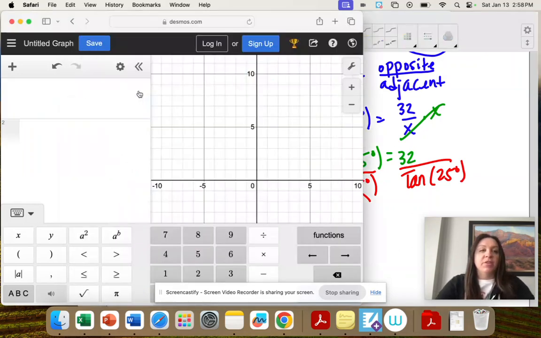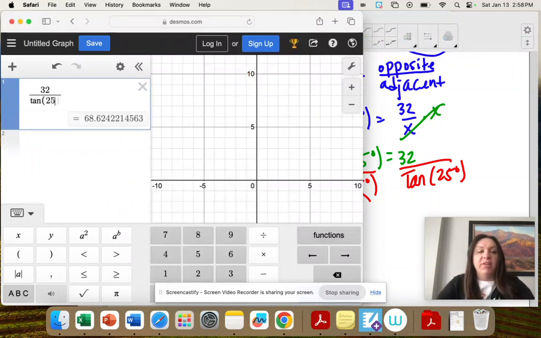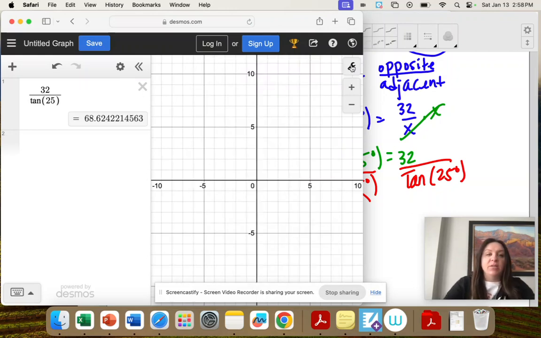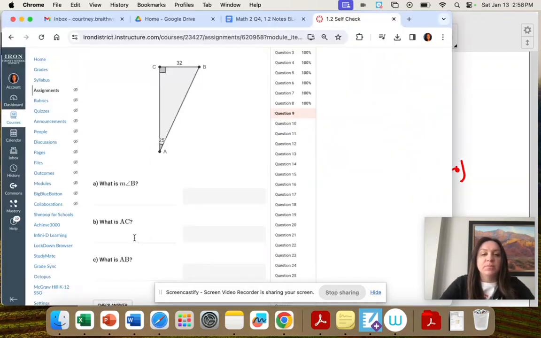So 32 divided by tangent of 25, and it's 25 degrees, so make sure you're in degrees, not radians. So 68.62, and I'm going to put that there. And this was 65 degrees.